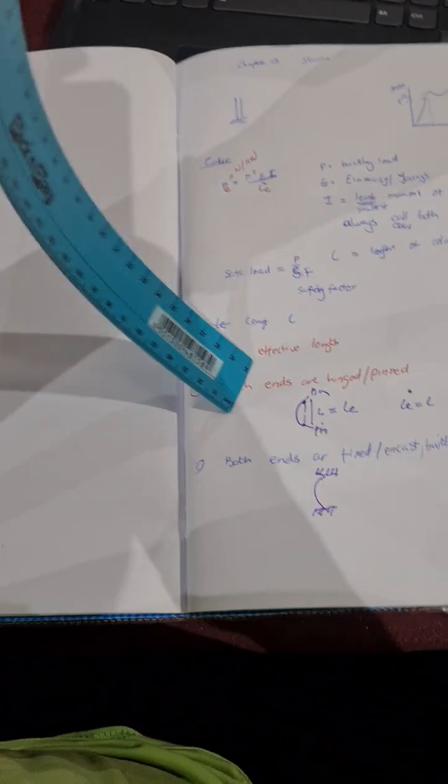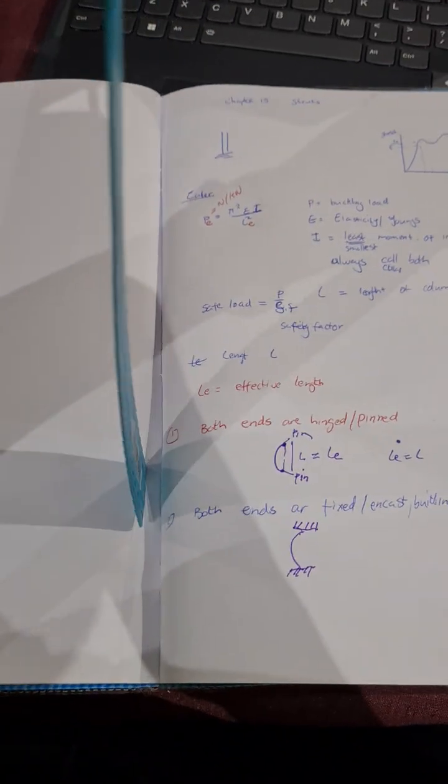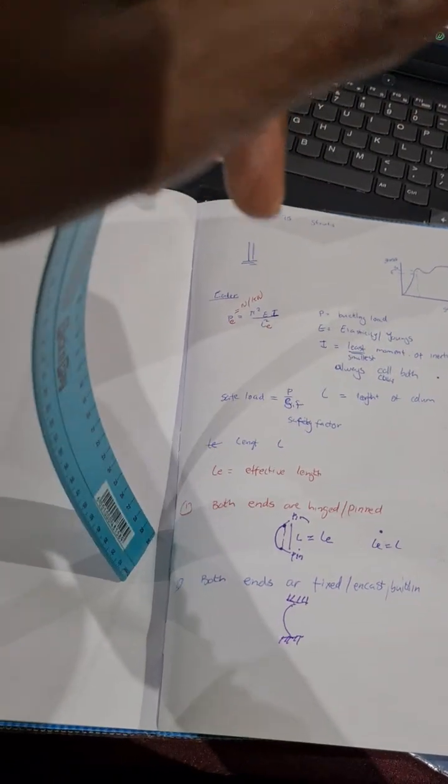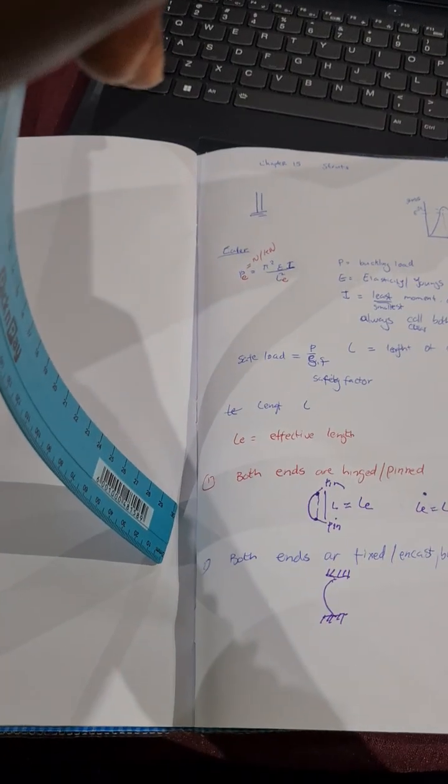Fixed means built in. So imagine this roller getting into this exercise, and at the top I grab it like this, not pin it, but grab it so it does not move. It does not move at the bottom either. But obviously, the top, we apply the load on top of it, even though it's fixed.